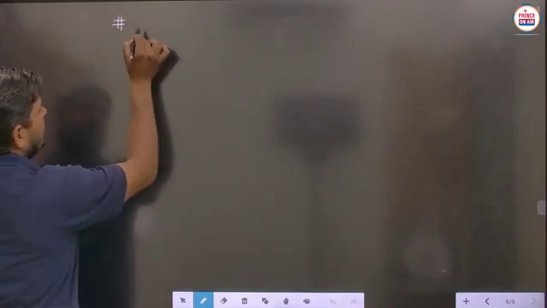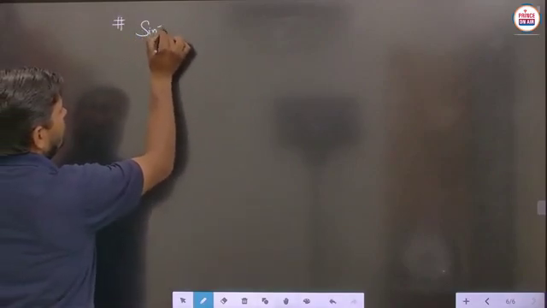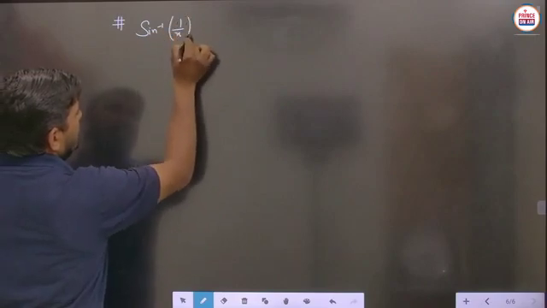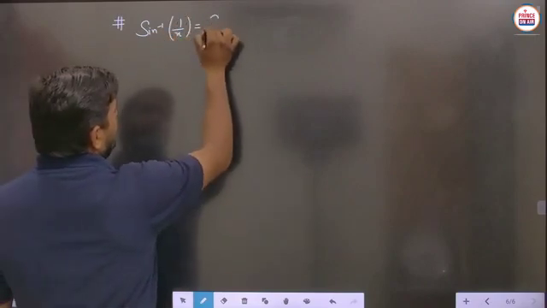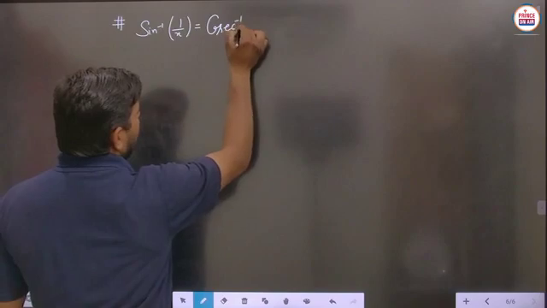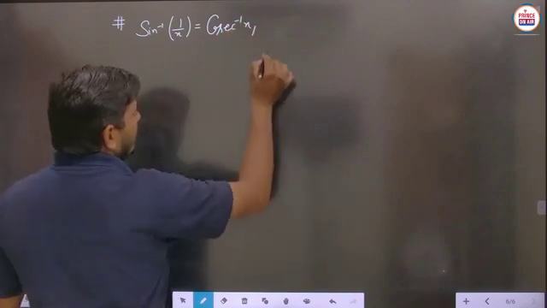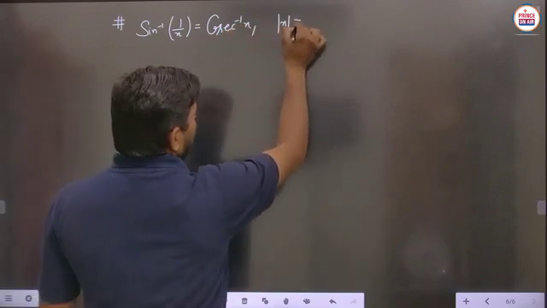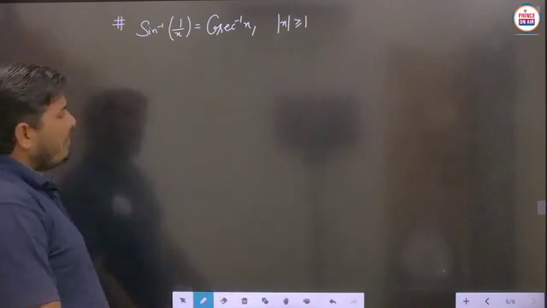So in this second property, we are saying that sine inverse of 1 by x is written like this, cosec inverse of x, and in this case we are saying that modulus x is greater than or equal to 1.